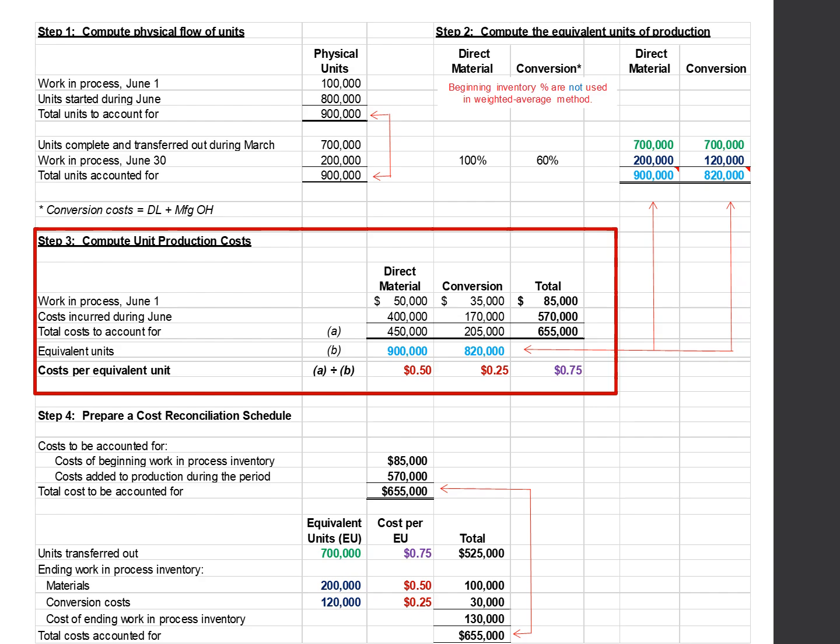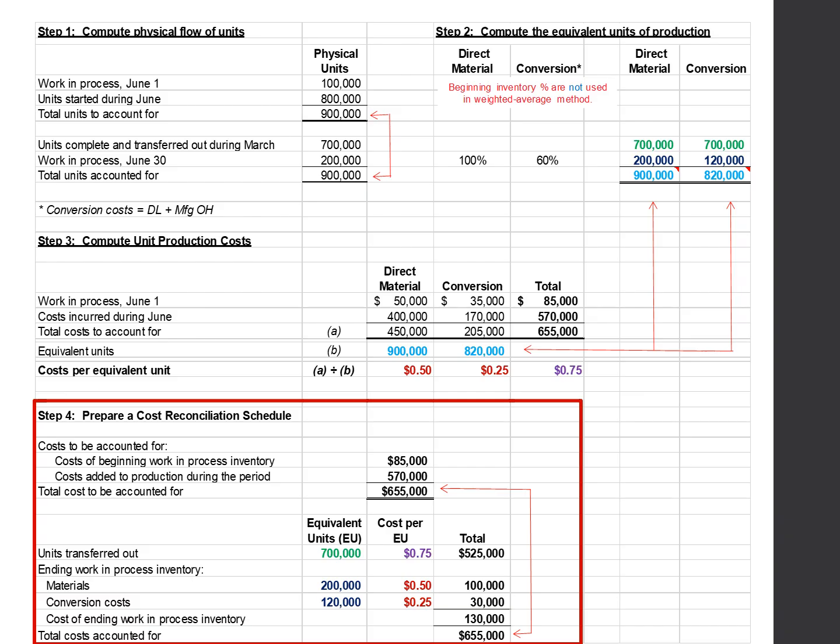Step 3 calculates unit production cost. Unit material costs are calculated by dividing the total material cost by the equivalent units of material from step 2. The unit conversion cost is calculated by dividing the total conversion cost by the equivalent units for conversion from step 2. Total manufacturing cost per unit is unit materials cost plus unit conversion cost.